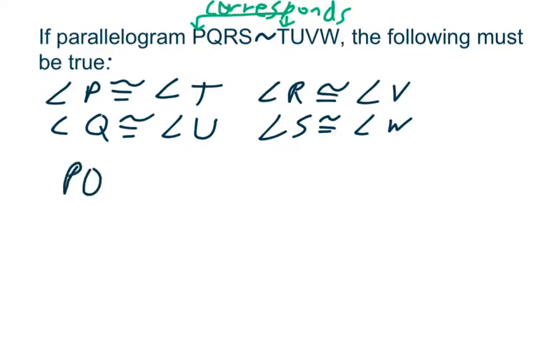That means segment PQ is similar to segment TU. And I also know that my QR, my second and third, are corresponding to the UV. So I would say segment QR is similar to segment UV.